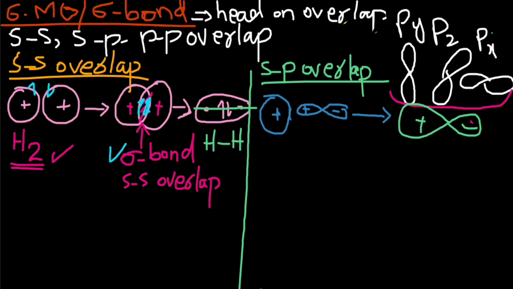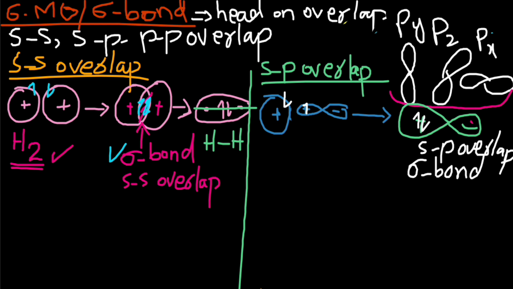This p orbital is half filled, let's say having the clockwise spin, and the s orbital has anti-clockwise spin, so their bonding electron pair has two electrons with opposite spin. This overlap is sp overlap and the bond formed is a sigma bond.